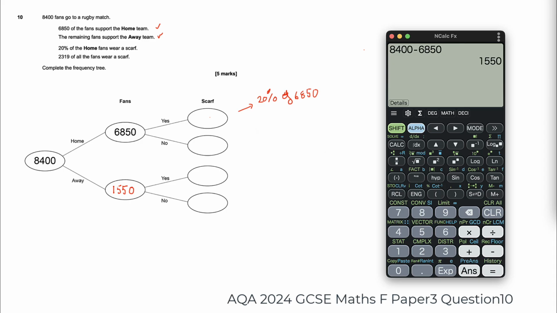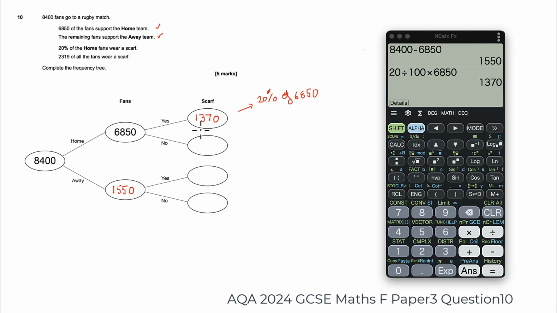So 20% be 20 divided by 100, that's what 20% means, times 6,850. Now we have 1,370.